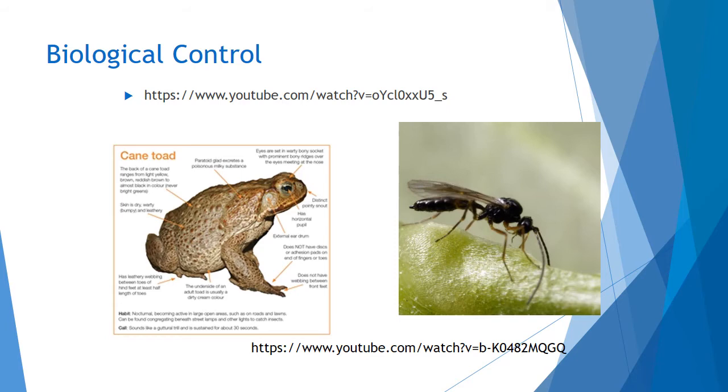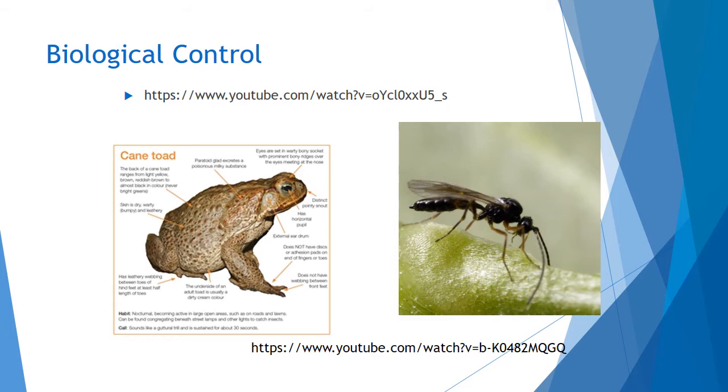And sometimes it's actually detrimental. So biological control is quite controversial. A lot of planning and research needs to go into it before using biological control as a method to control populations of organisms.